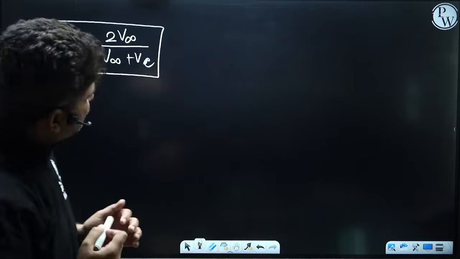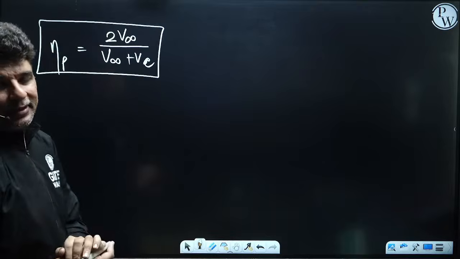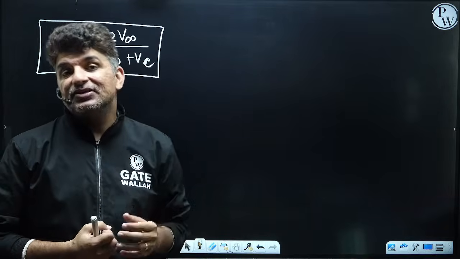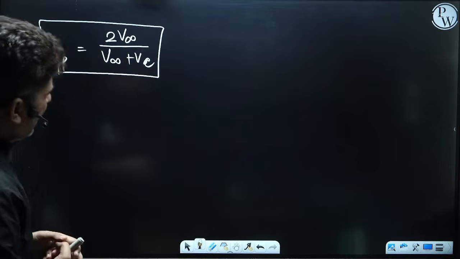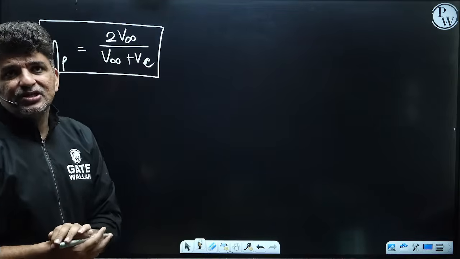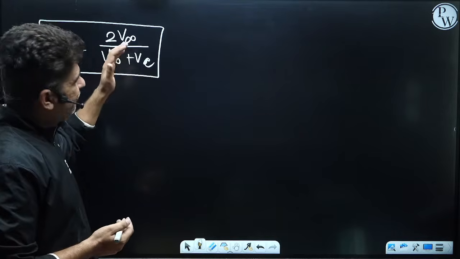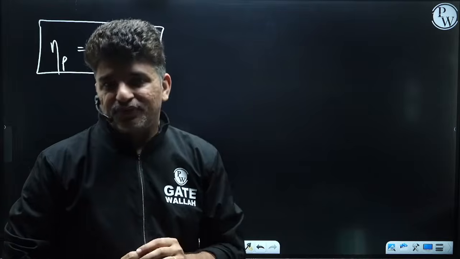Okay, now we make use of this propulsive efficiency to calculate different designs of aircraft. So how do we use this equation? Let's understand the concept of the efficiency variation with V infinity and V exit.